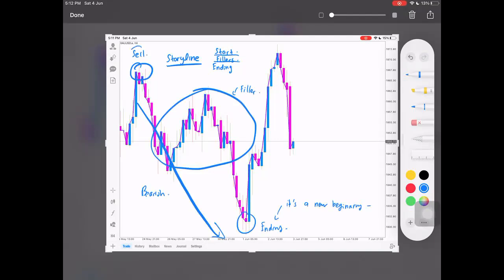So once the story of sell ends, what story starts? The story of buy, exactly. So this is where the buy trend starts. Start buying. And this is the filler. And now the story of buy ends. Now the story of sell starts.